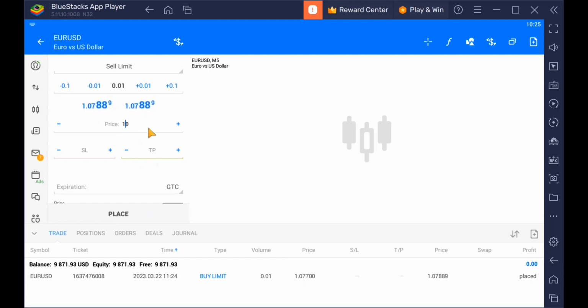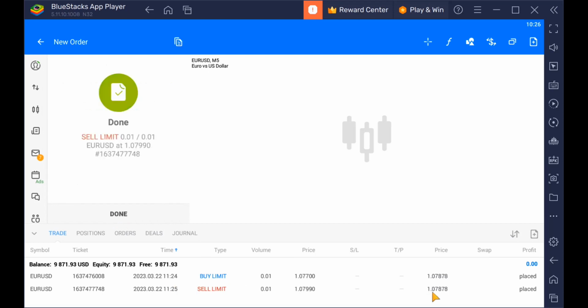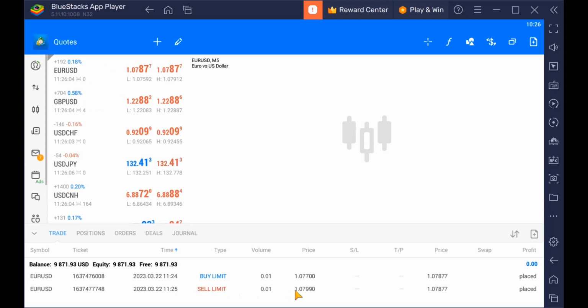So I can put like 1.079, a number higher than this, and just place. It's going to place the order, and when the price rises to this point, the order will activate. That is that.